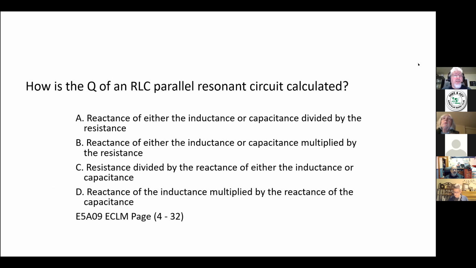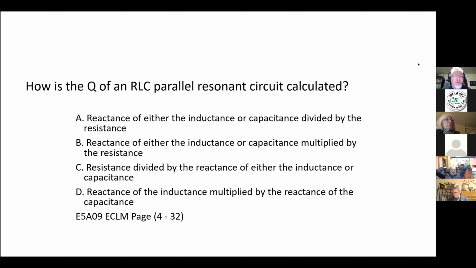How is the Q of an RLC parallel resonant circuit calculated? A, reactance is either the inductance or capacitance divided by the resistance. B, reactance of either the inductance or capacitance multiplied by the resistance.